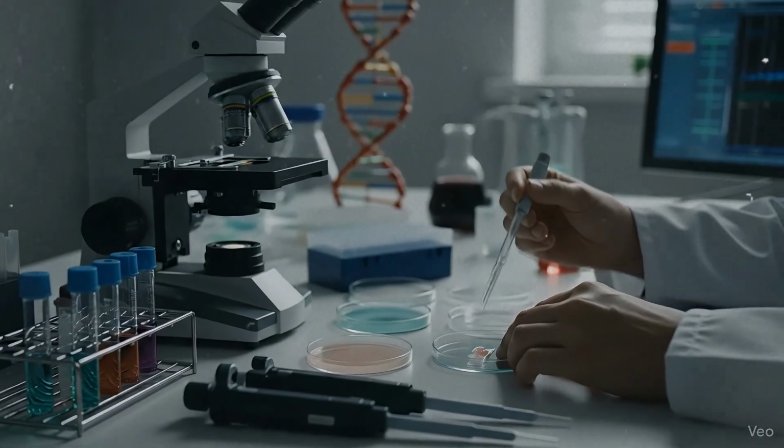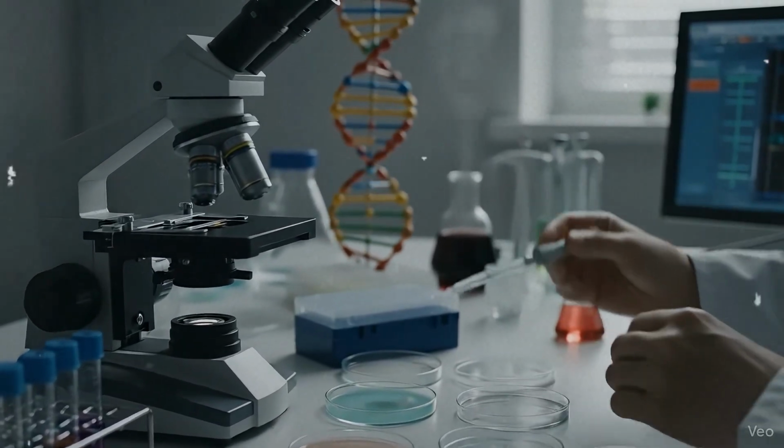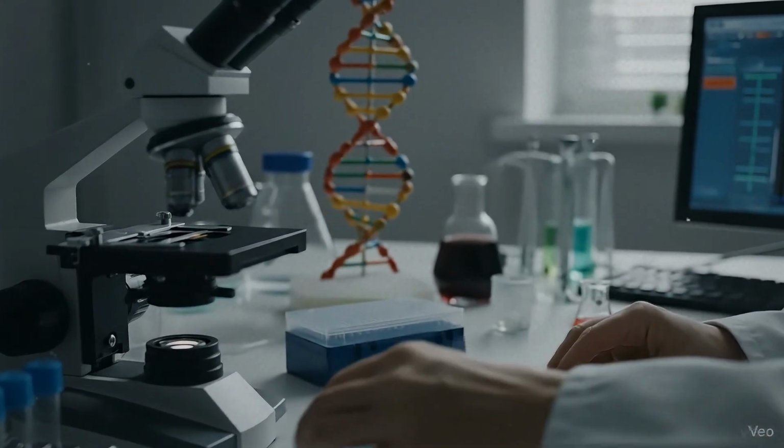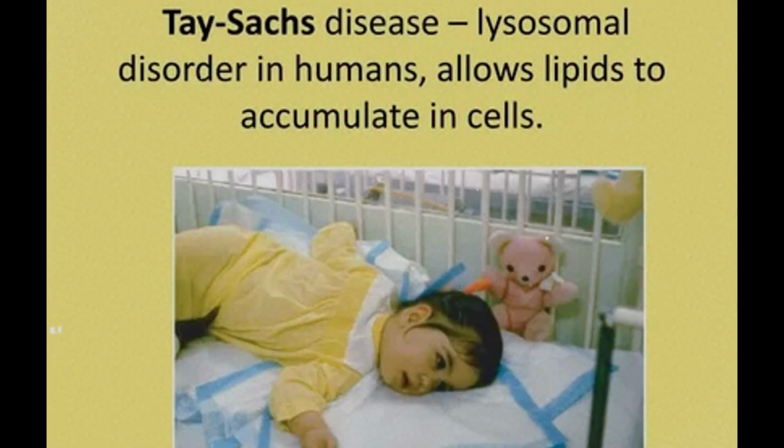What ancestral forces allowed a rare recessive mutation to persist and concentrate within specific human populations for centuries? This question leads directly to Tay Sachs disease, a severe neurodegenerative disorder caused by reduced hexosaminidase A activity.